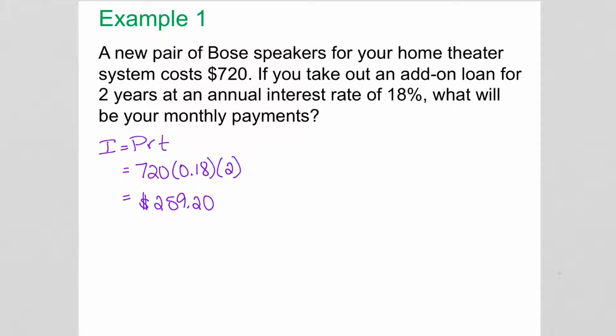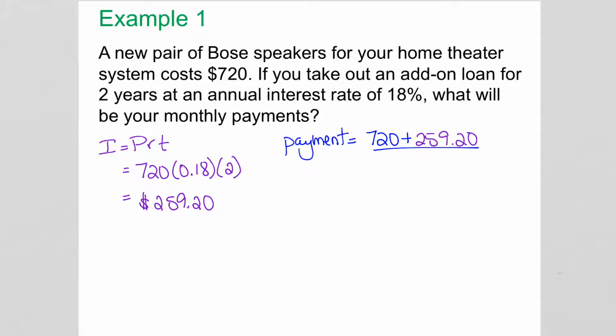So, to use our formula, we'll have your principal, which was $720, plus the interest, $259.20, divided by N. So how many months will you be making payments?